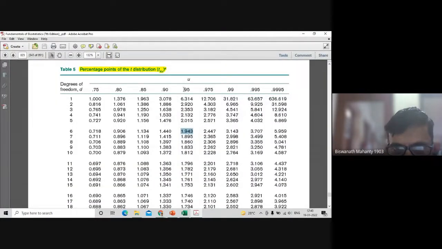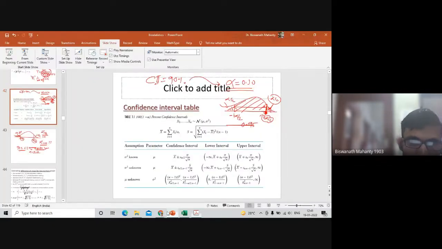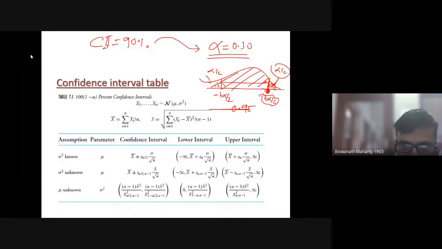This is 0.95 left side, and my n minus 1 degree of freedom is 6. So two things I have to check: 0.95 and 6. What value is cutting? This is the cutting point value, 0.95 versus 6. That number is 1.943. That means I got the value of T alpha by 2, which I needed.